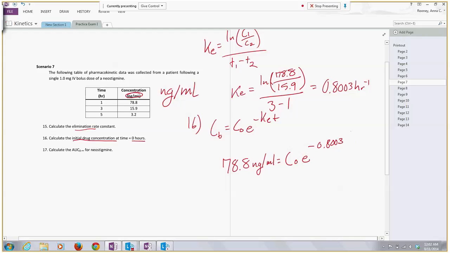So you find that concentration 0 when you take 78.8 divided by e to the negative 0.8003.